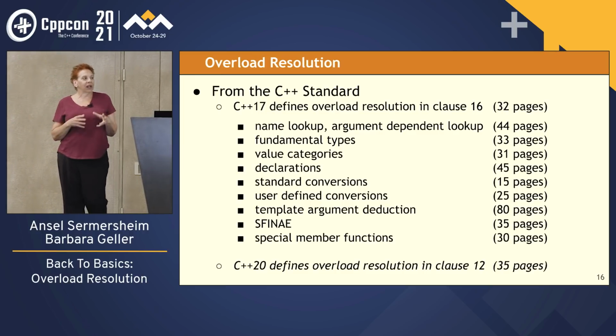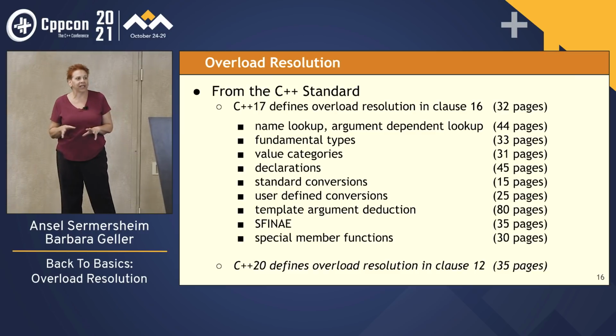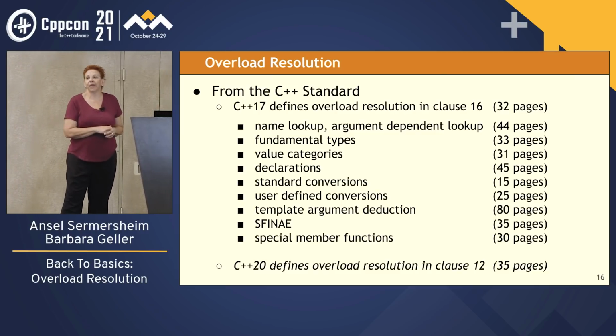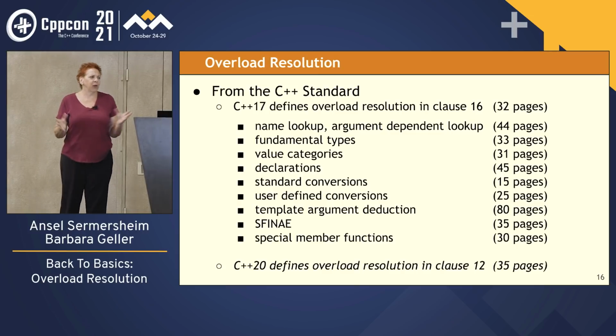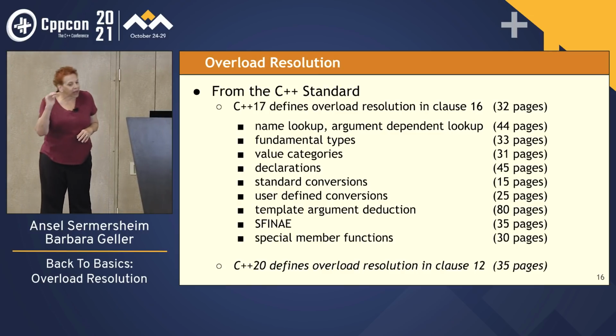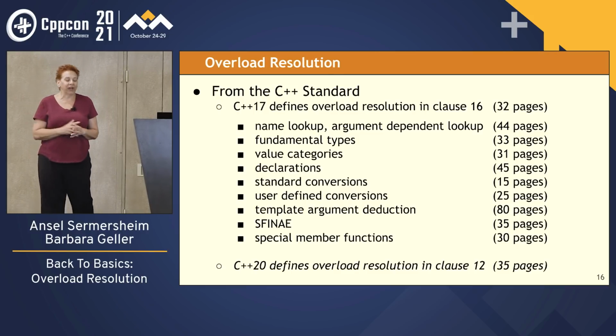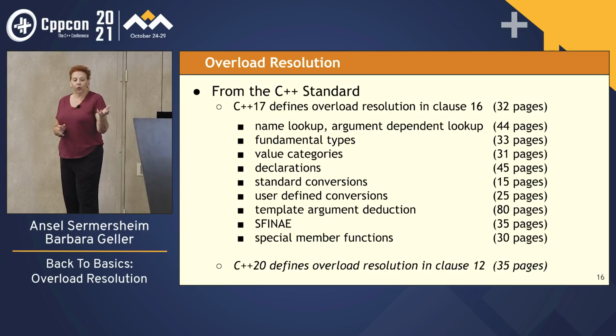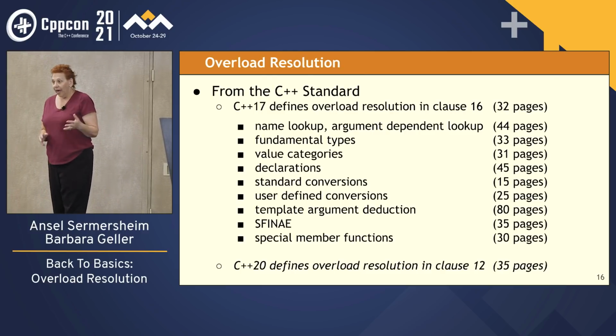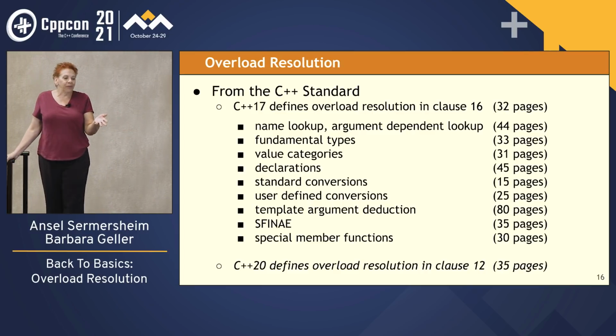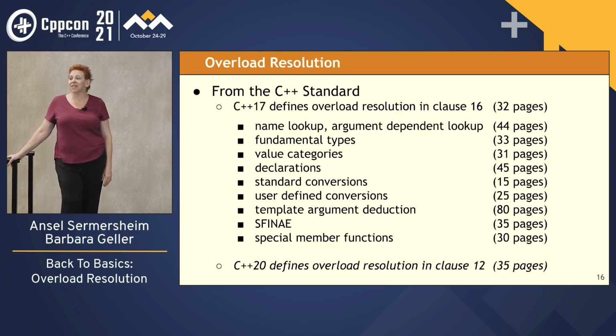But for those of you that may not have actually looked at those standards yet, in C++20 they changed the page size and reduced the font, so you can't quite compare 32 to 35. They've actually added a lot more information. But if we look at the other things like name lookup and declarations, this comprises probably 40% of the C++ standard. And now you're saying, why do I need to know user-defined conversions or SFINAE?